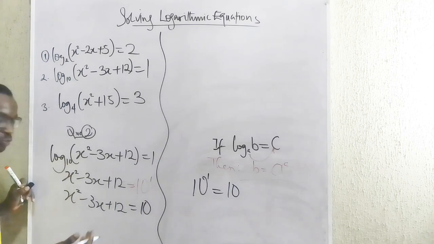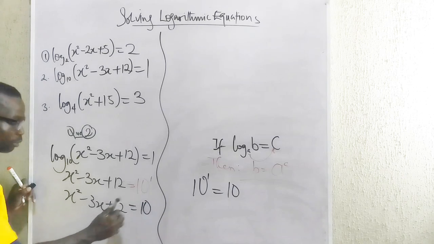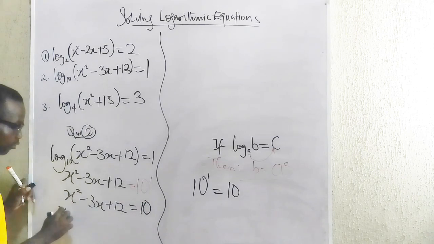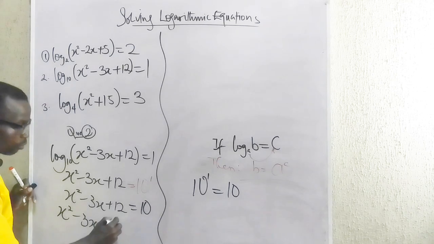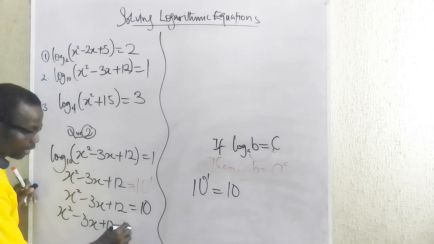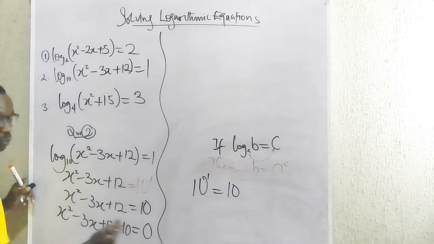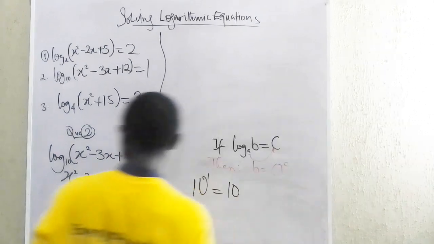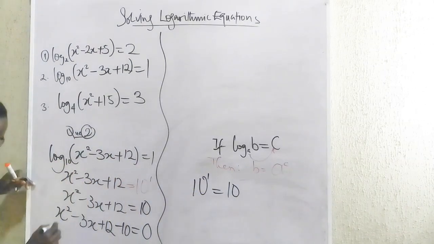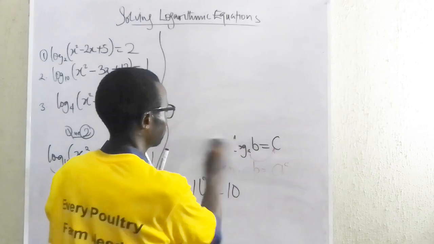So we're going to move forward. If this crosses the equal sign and comes here, this is a positive sign, it becomes minus. Actually, like I've said in previous videos, it's the additive inverse that was done. So this crossing the equal sign becomes minus 10, and what remains here is 0.